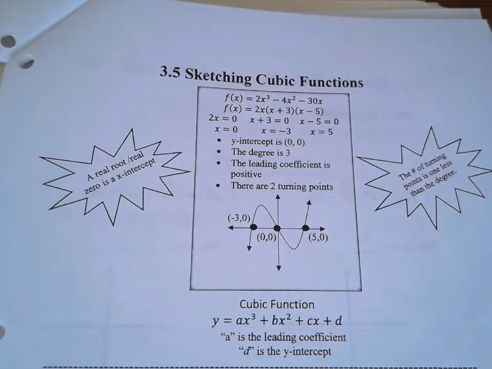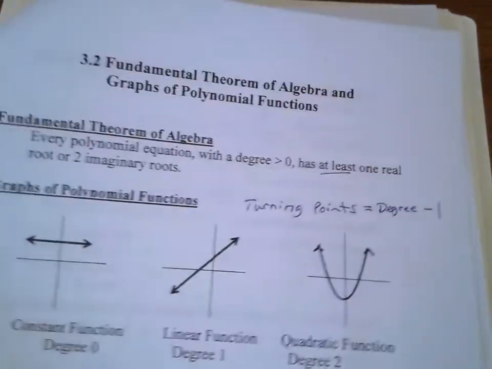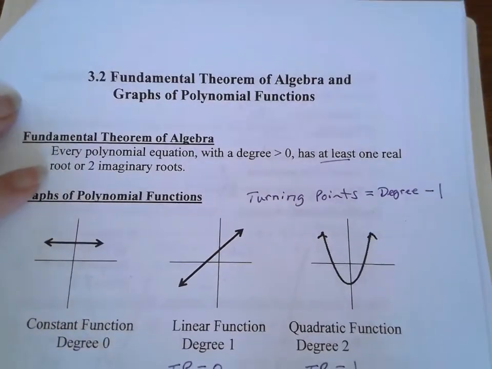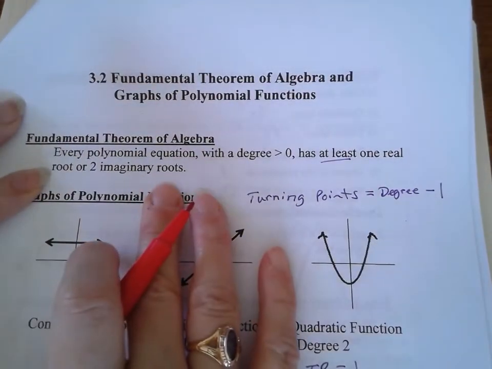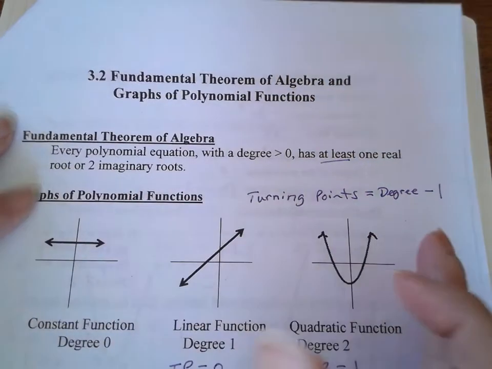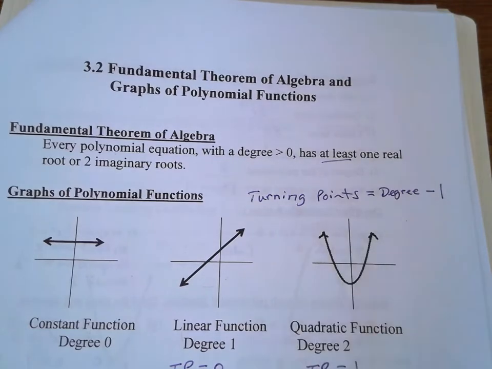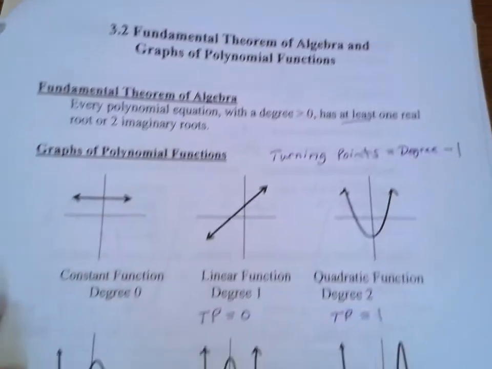So what this is all going to boil down to, you need to understand about the fundamental theorem of algebra and how many roots you're going to get based on the degree. You need to understand the turning points. You need to understand what a cubic function or a degree 3 is going to look like.